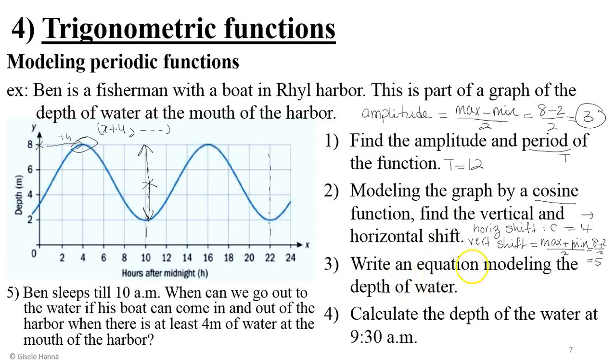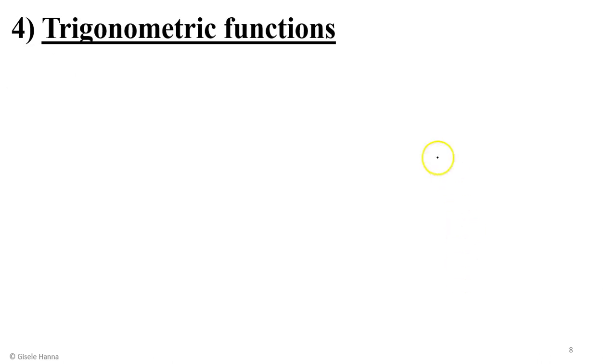Now we need to write an equation modeling the depth of the water. For more clarity, I'm going to rewrite what we've already found so far. We have that A is equal to 3, that's the amplitude.